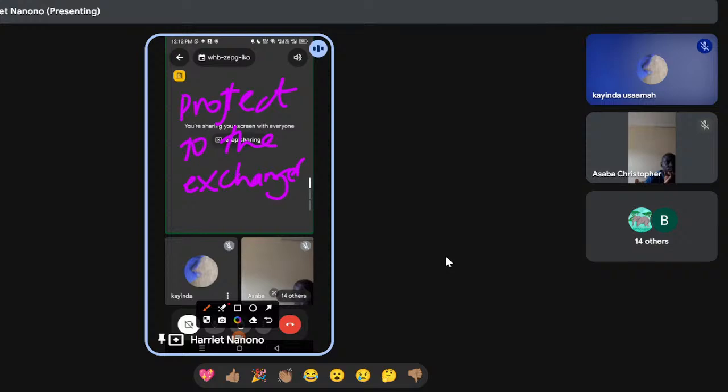A currency can't just be listed in an exchanger just like that. They have steps that they go through, requirements they have to meet in an exchanger.